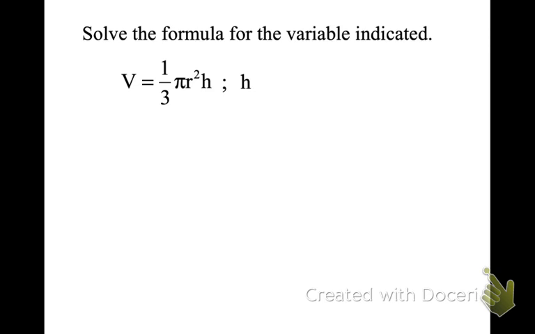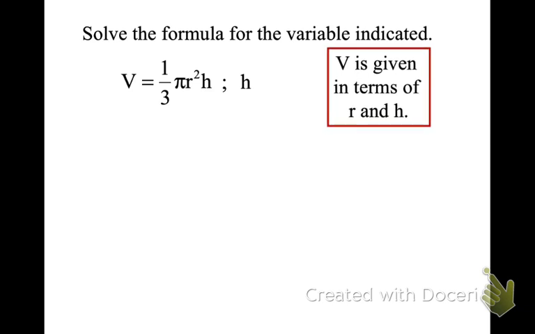All right, let's check our work. To clear the fraction, I would multiply both sides by 3. Now I'm left with 3v equals, these 3's cross cancel, pi r squared h. Now we have to get h alone. So this is what I call a twofer. We can get rid of pi and r squared at the same time.